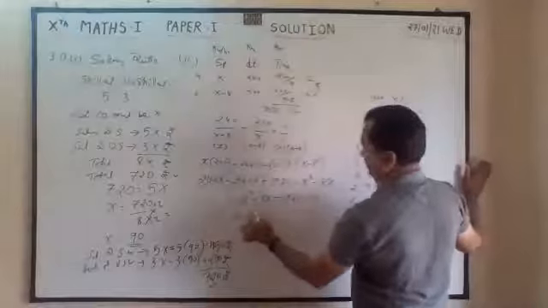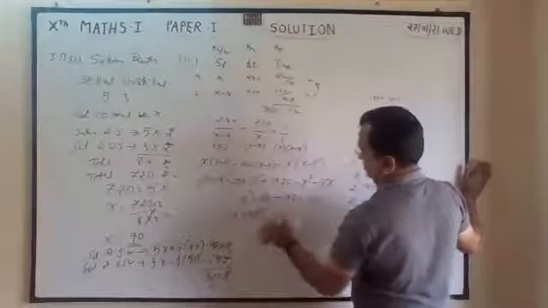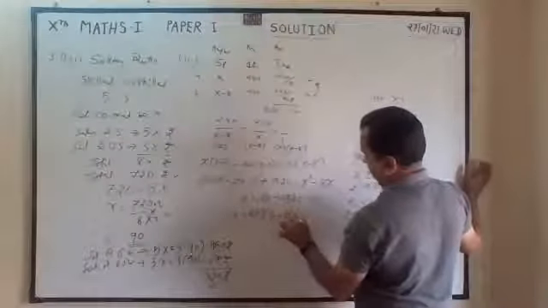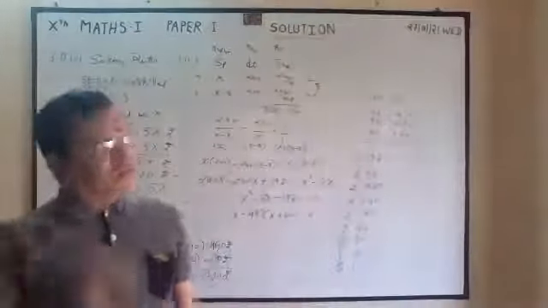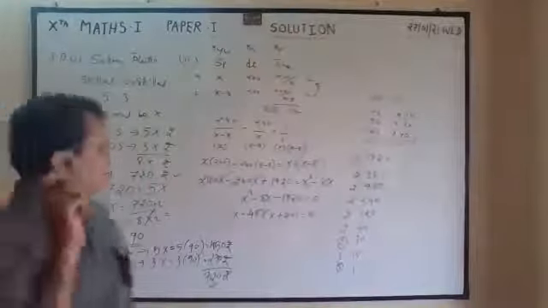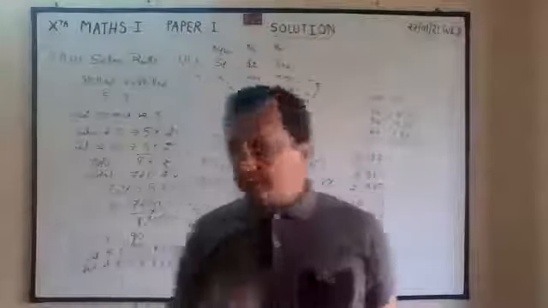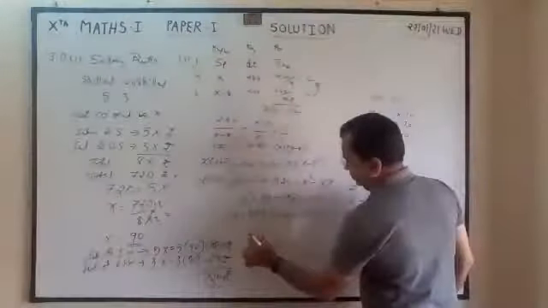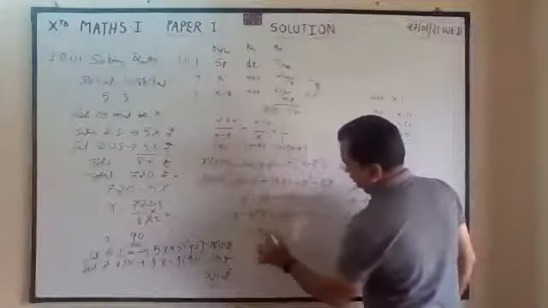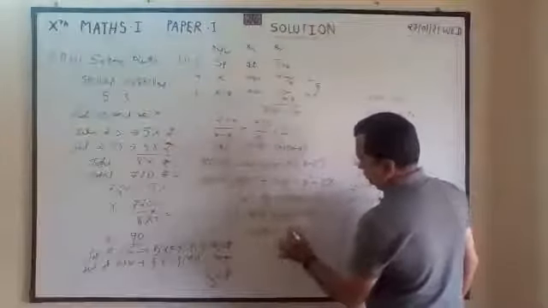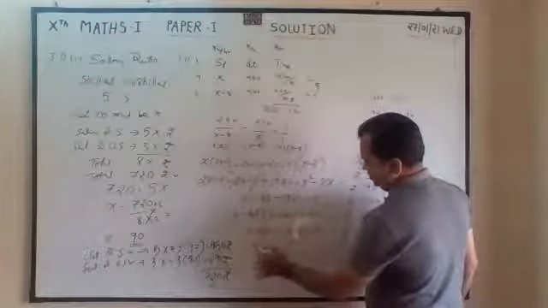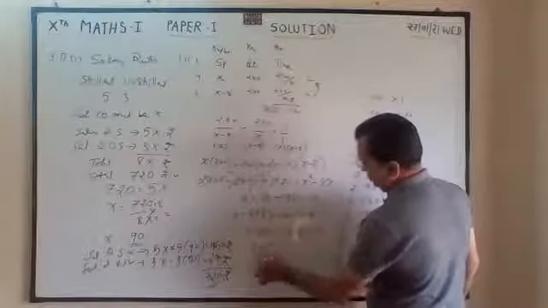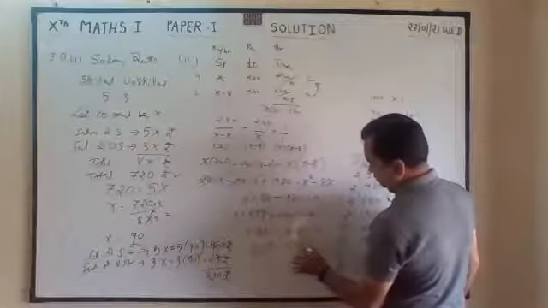So x minus 48, x plus 40. 48 into 40 is 1920, so these are the factors. So x minus 48, x plus 40. x is equal to 48, x is equal to minus 40.